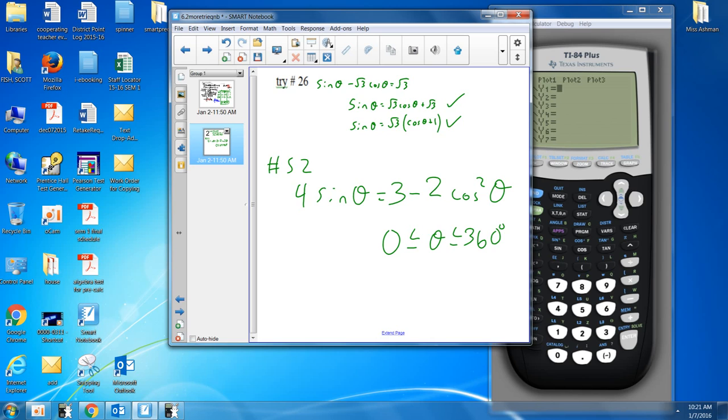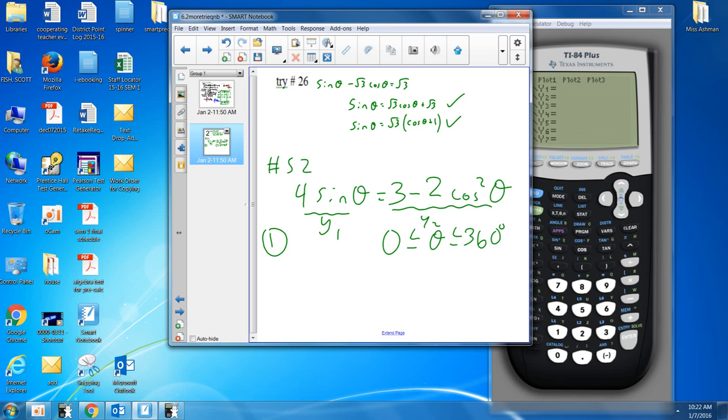Now, I'm going to show you 2 ways of solving this, and again, you can pick which way makes sense to you. The first way is to graph this in y sub 1, and graph this in y sub 2, and then show where they intersect.